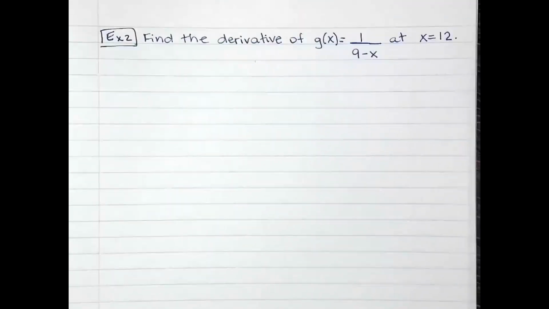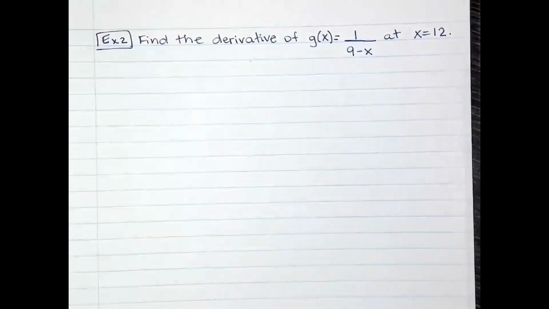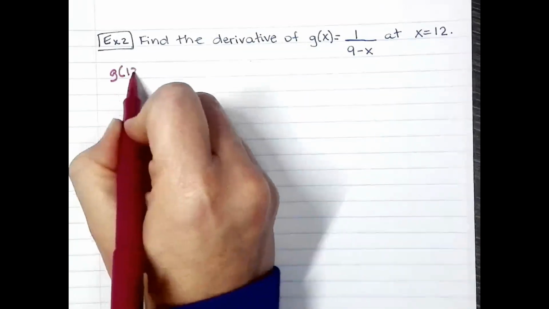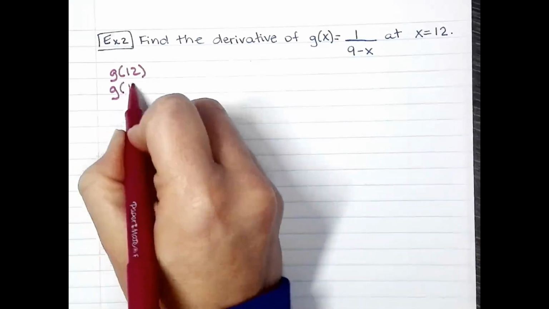Again, we've found this limit over similar stuff, but now since we're doing derivatives using limit, I'll just review this with you. Okay, so from the formula, you know I'm going to have to find g of 12 and g of 12 plus h.